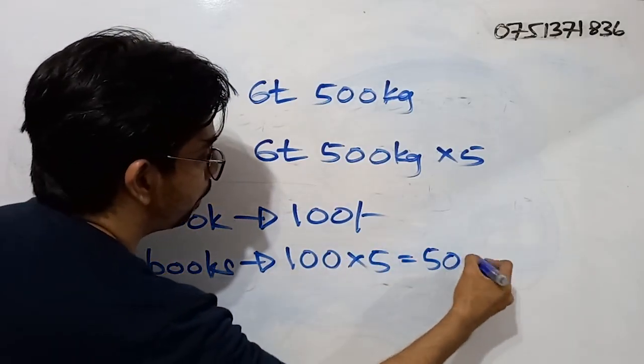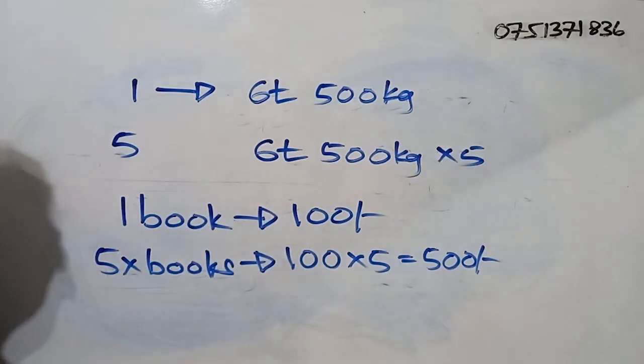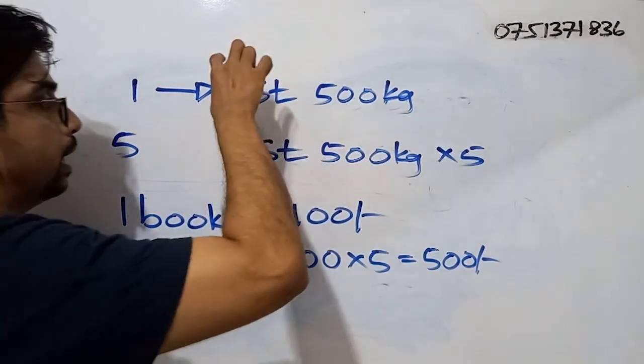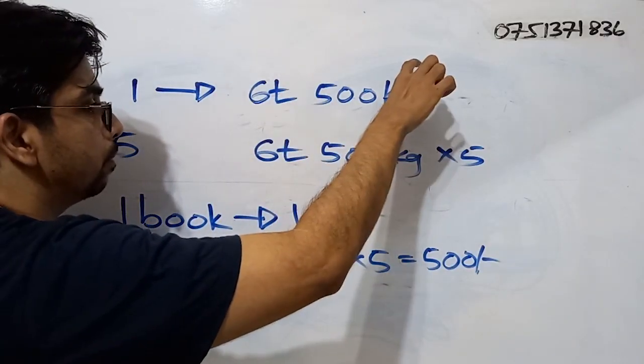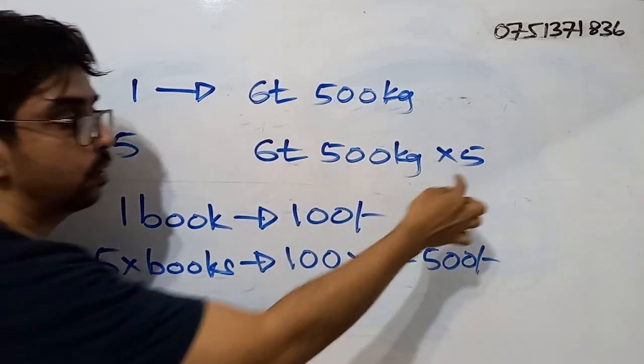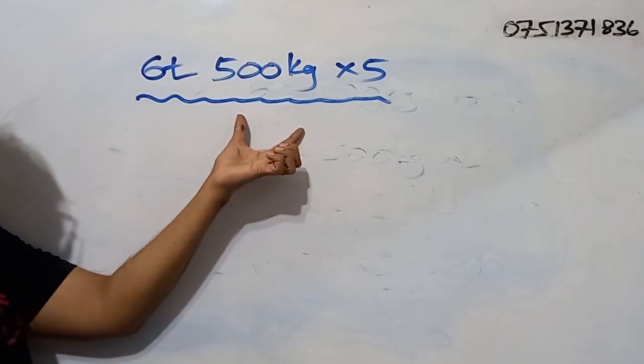Which is 500. So here we have to apply the same concept. Okay? So what we need to do? We need to multiply the mass of one beam by what? Number of beams. In this case, what is that? 5.